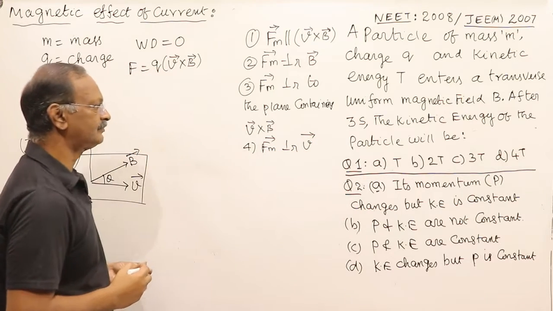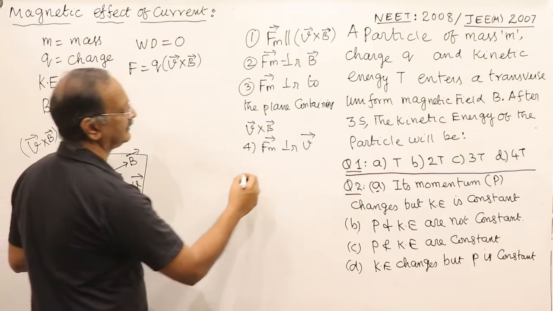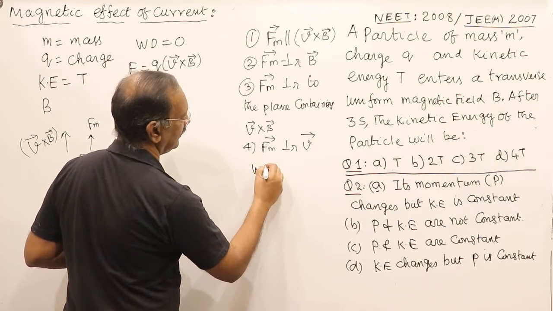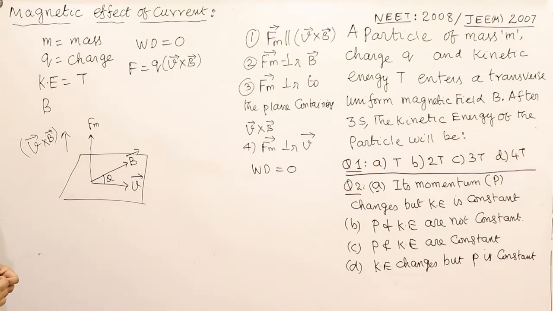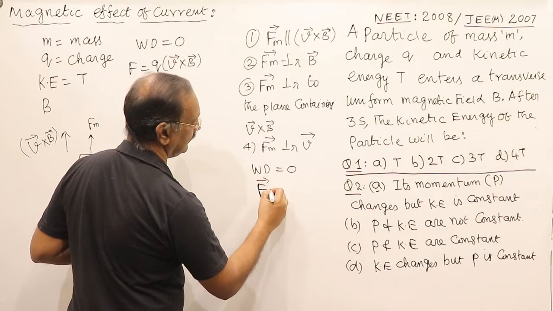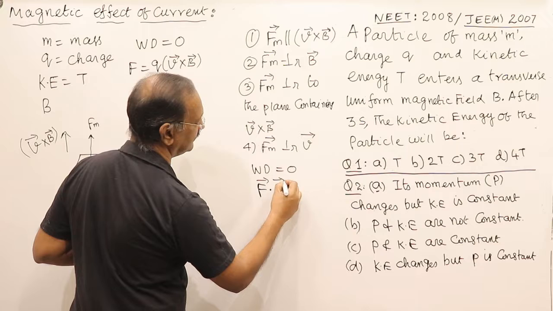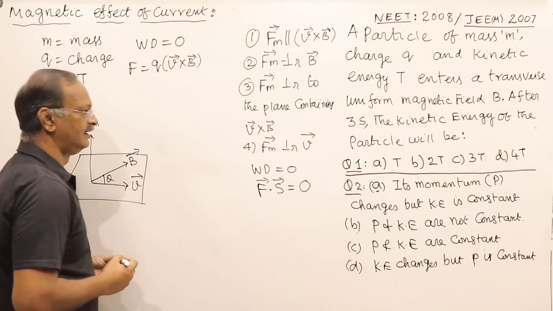Fifth point, the work done by the magnetic field on the charged particle is equal to 0. Work done is force into displacement, that is, the dot product of force and displacement is 0.